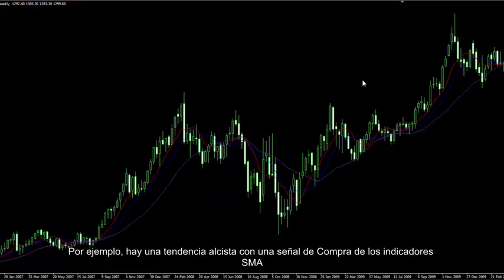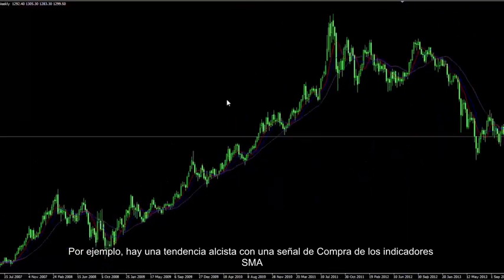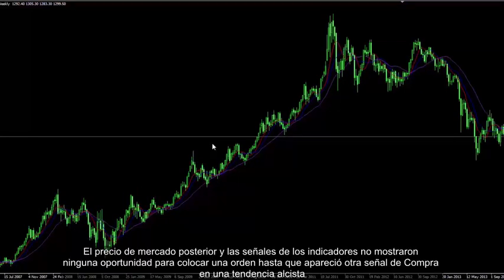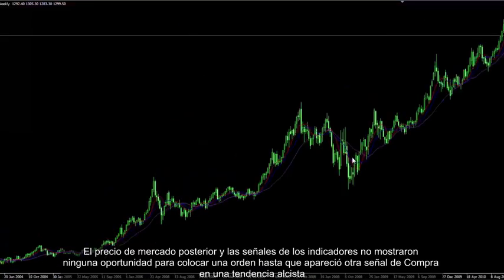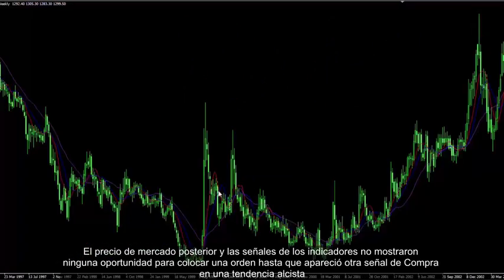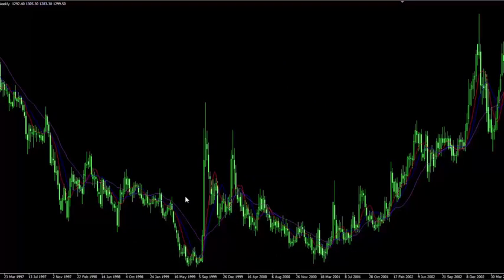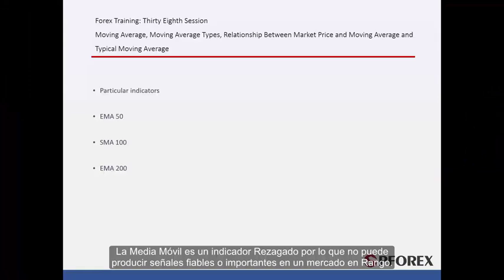For instance, there is an upward trend with a buy signal from SMA indicators. Later market price and indicator signals did not show any opportunity to place an order until another buy signal on an uptrend. Moving average is a lagging indicator, so it cannot produce any reliable and important signals on a range market.